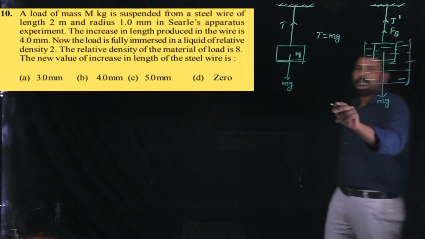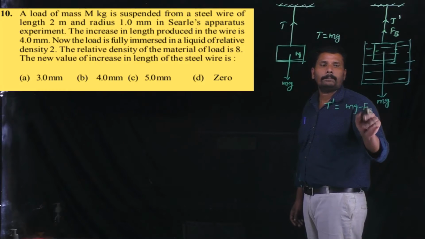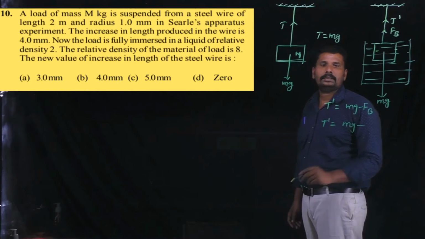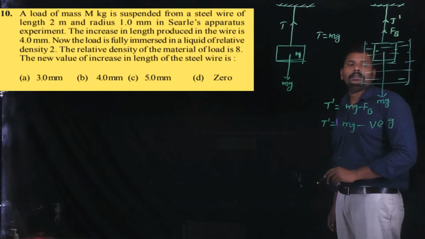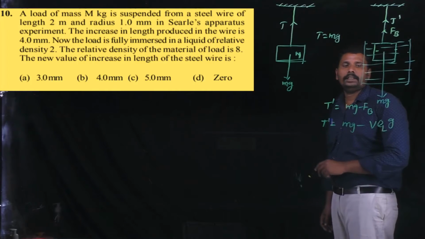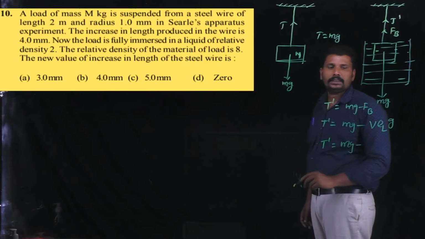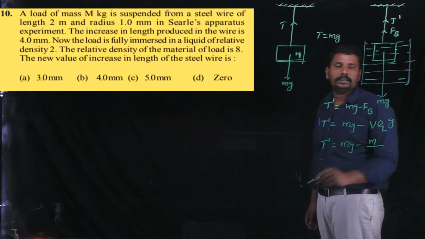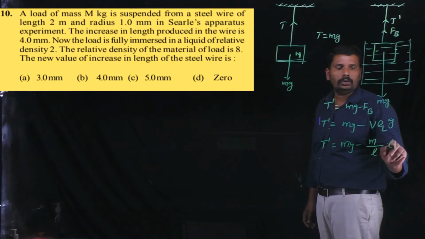Here T dash equals mg minus Fb, so T dash equals mg minus V rho g, where rho is the density of the liquid. By solving this, T dash equals mg minus the volume of the block, which is mass by density, into rho L into g.